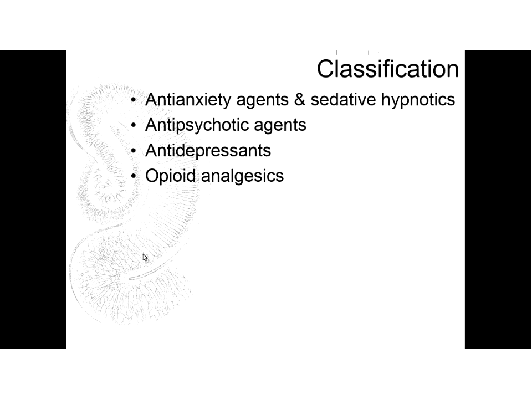Then we'll talk about antipsychotic agents, which are used to treat, for example, schizophrenia. Then we'll talk about antidepressants and what their mechanism of action is. And then we'll talk about opioids, or analgesics, drugs that are used to reduce pain.